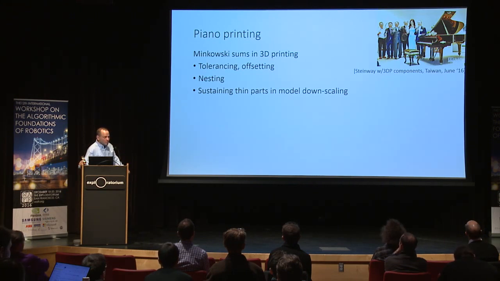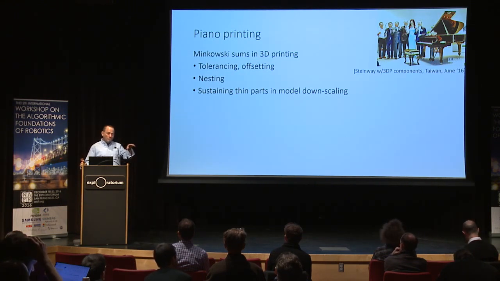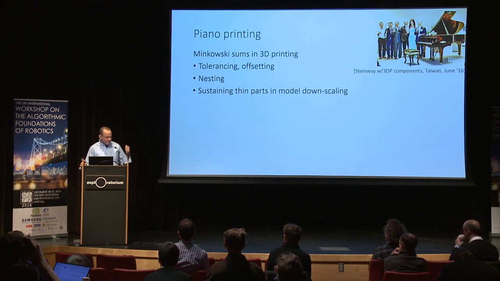How does this relate to Minkowski sums? In algorithms for 3D printing, Minkowski sums come up all the time. For tolerancing, as in other areas. For nesting, you may know the home printers that use dripping plastic, but manufacturing 3D printers, those that cost $1 million, use different techniques, typically based on powder that is sintered.